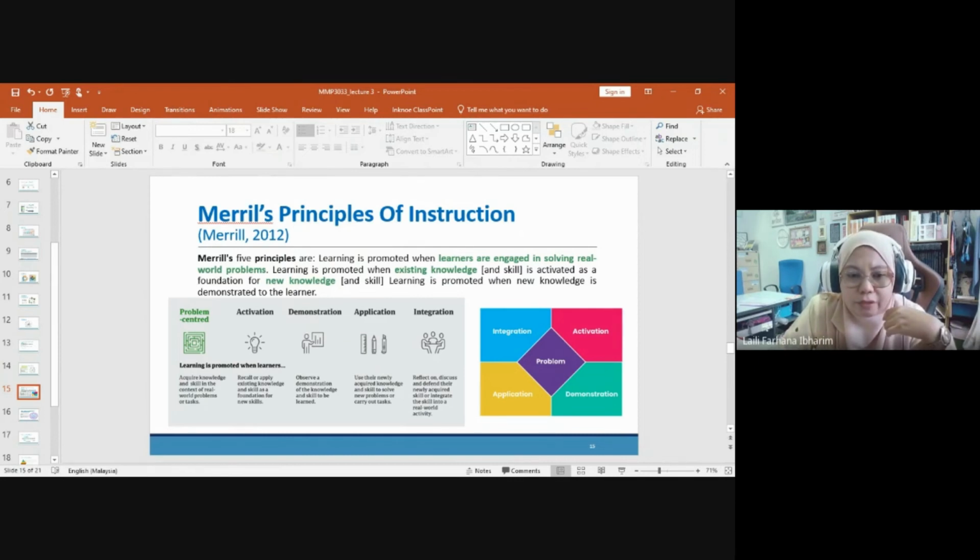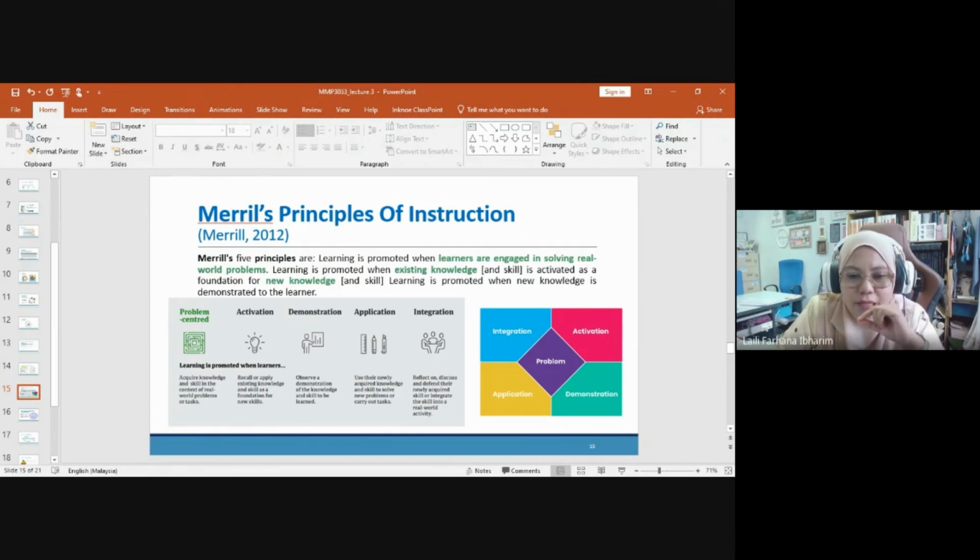So you will be given the problem and then go to the activation, where your previous existing knowledge and skill will be activated. Okay, you will plan what you want to do. You will plan what you will use to solve the problem, and then you do the demonstration or you do the application.